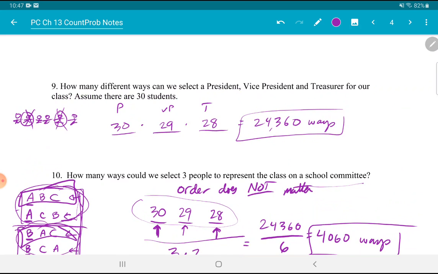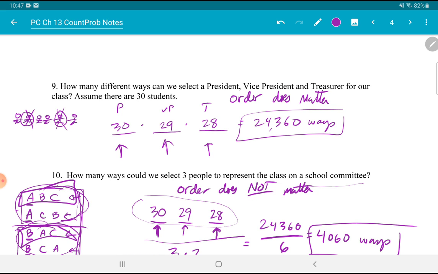If you're president, that is a completely different position than a vice president or treasurer. Each of those positions are unique in their own way. So here, order does matter. Now, the reason why I'm emphasizing these words here, order does matter and order does not matter, you might have heard this before.